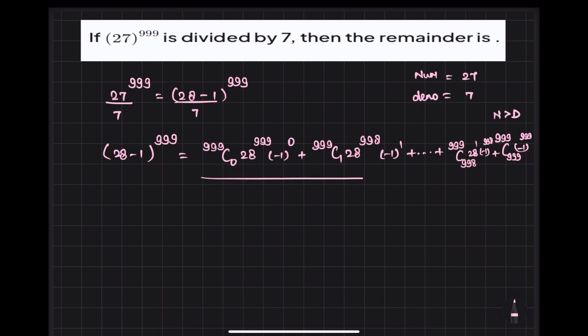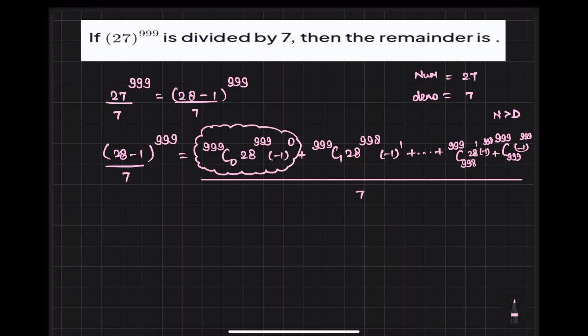And we have to divide this by 7. So don't you think this element will be completely divisible by 7, because it contains 28 and 28 is divisible by 7? The element in which 28 is present will be divisible by 7.